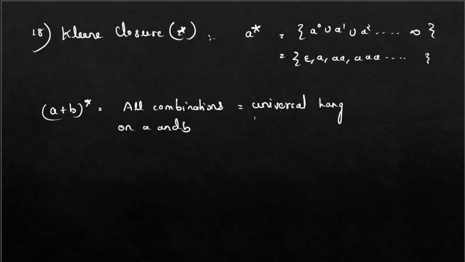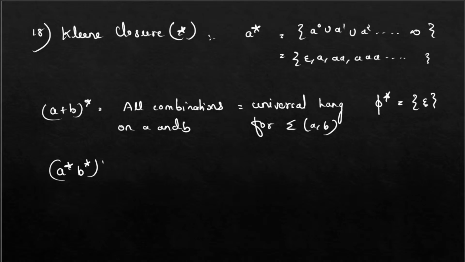for A, B, right? And this is very important: phi Kleene closure is epsilon, the set of epsilon, very very important. After that, (A star B star) Kleene closure is (A plus B) star.